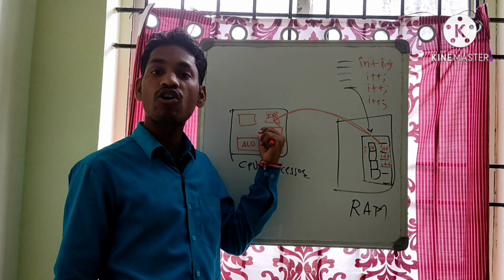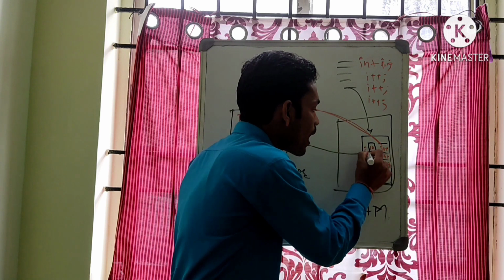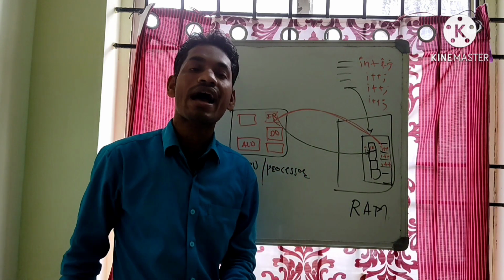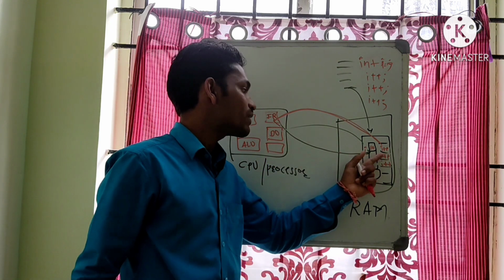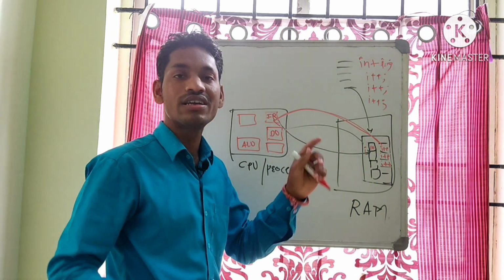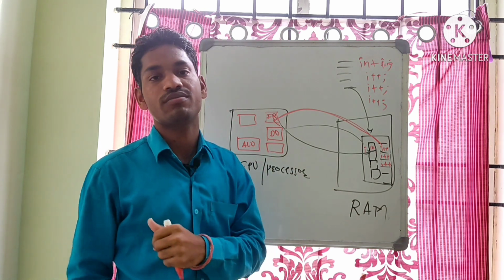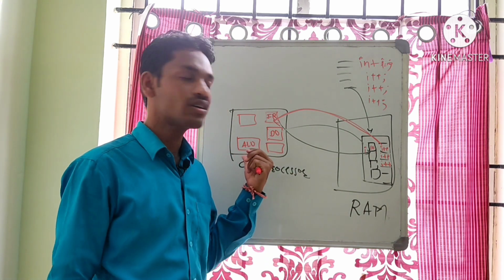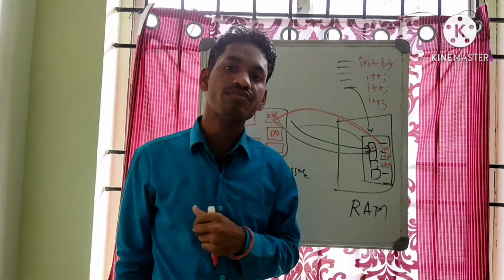But here the value of i is not available. That's why the processor again goes and checks the value of i, takes it inside the CPU register, and does the operation using the arithmetic logical unit. After the process, it stores it again inside that variable.